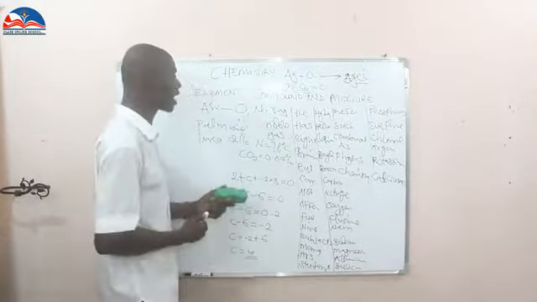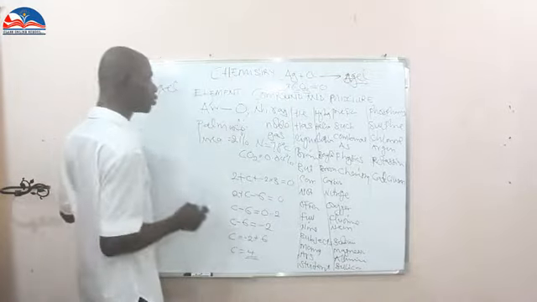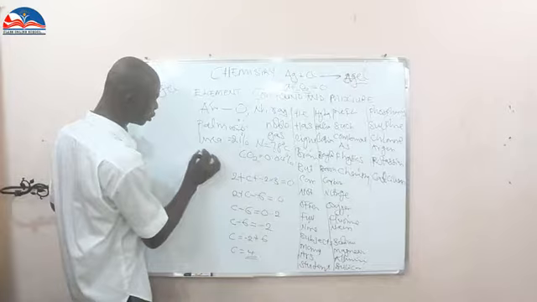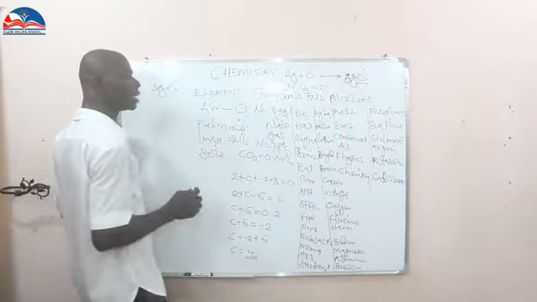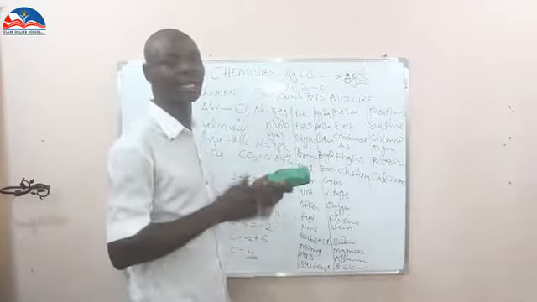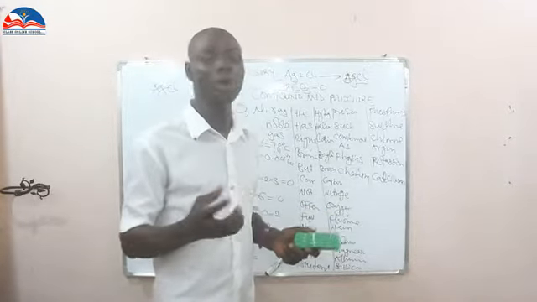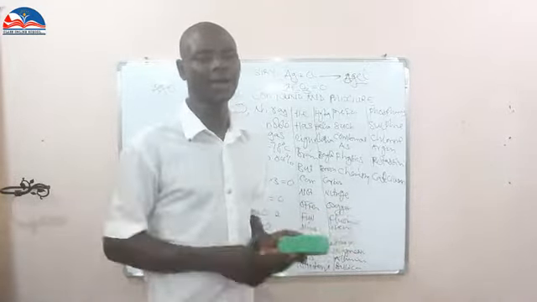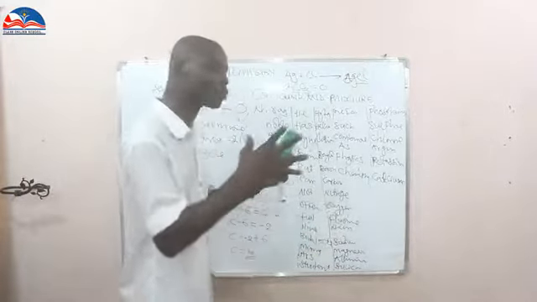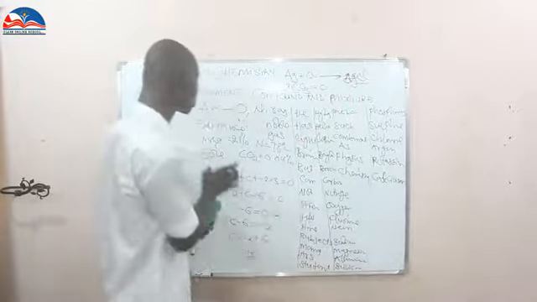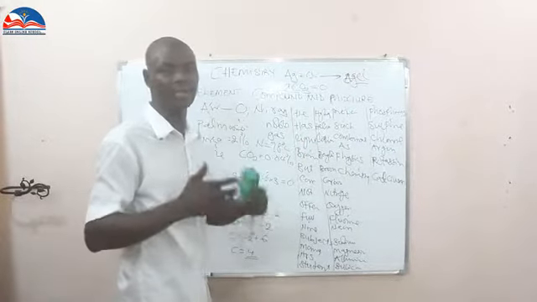Now we also have another example of a mixture. You talk about soil. In soil, we have clay soil, we have sandy soil, we have humus, we have organic matter. All these come together to form what we call a mixture, and that is soil. And all of them can be separated.